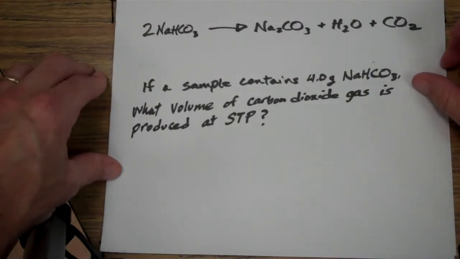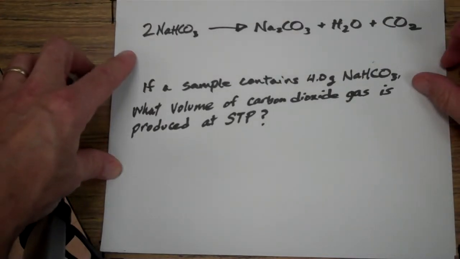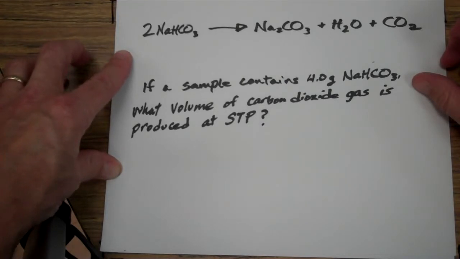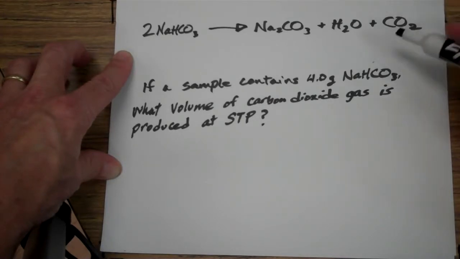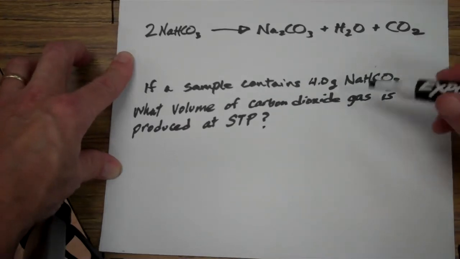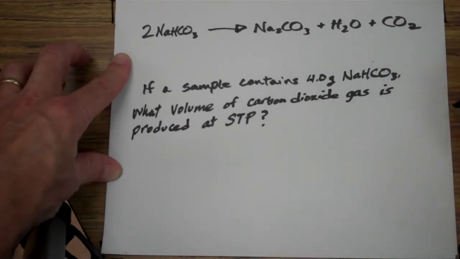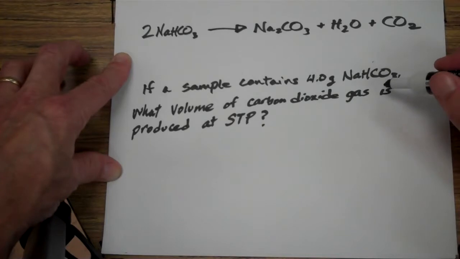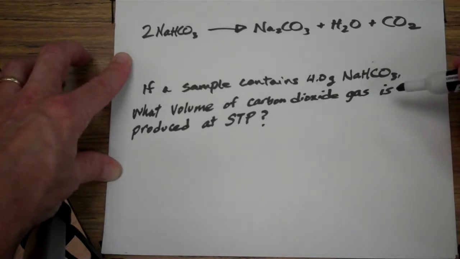Here's our problem. We have sodium bicarbonate, which is going to decompose into sodium carbonate plus water plus carbon dioxide. And here's our problem. If a sample contains 4.0 grams of sodium bicarbonate, what volume of carbon dioxide gas is produced at STP?